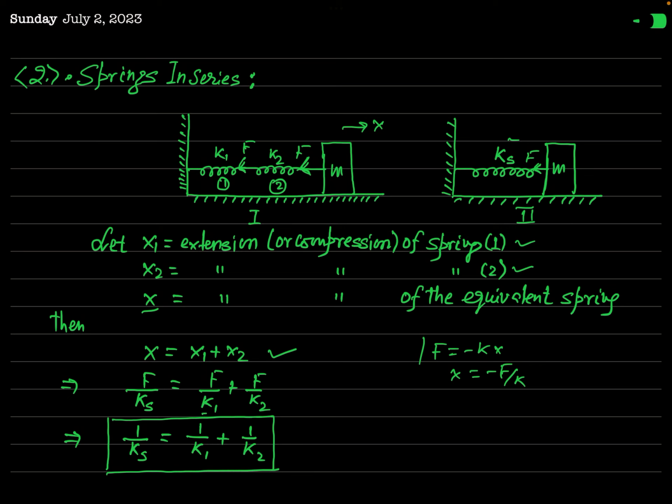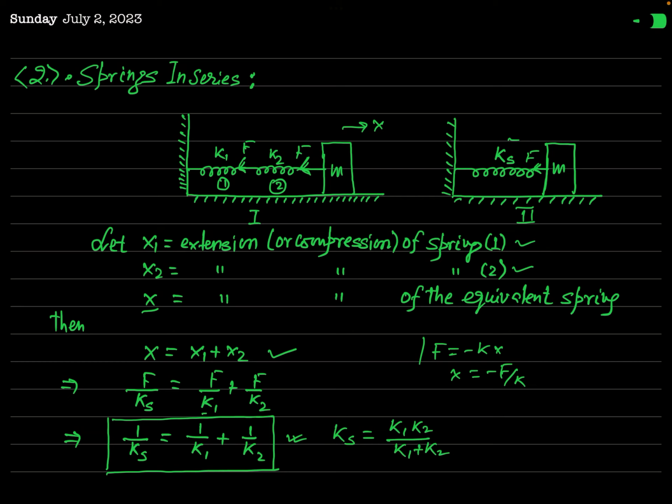So if two springs of spring constants K1 and K2 are connected in series, the equivalent spring constant Ks is given by 1 by Ks equal to 1 over K1 plus 1 over K2, or you can say that Ks is equal to K1 times K2 over K1 plus K2.